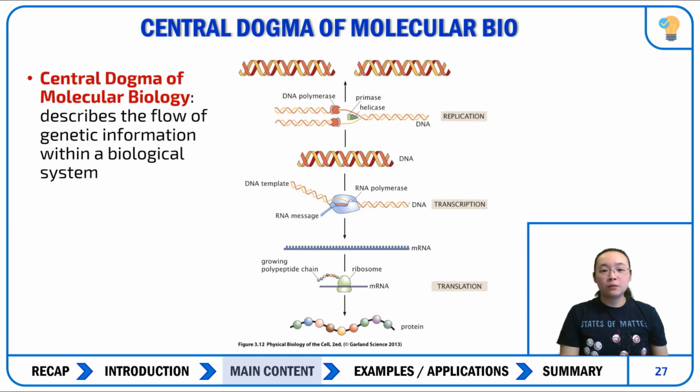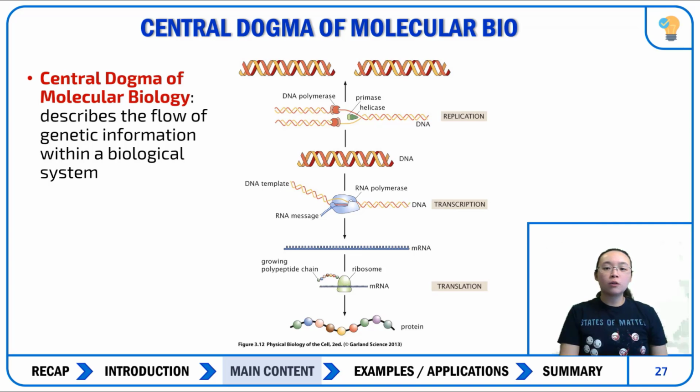This leads us to the central dogma of molecular biology. Since we're doing mainly molecular biophysics, we should understand what the central dogma of molecular bio is. This describes the flow of genetic information within a biological system, from DNA replication to transcription to translation.